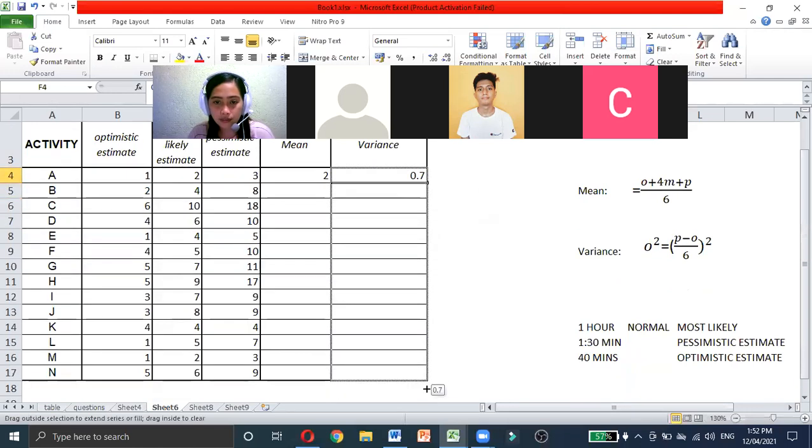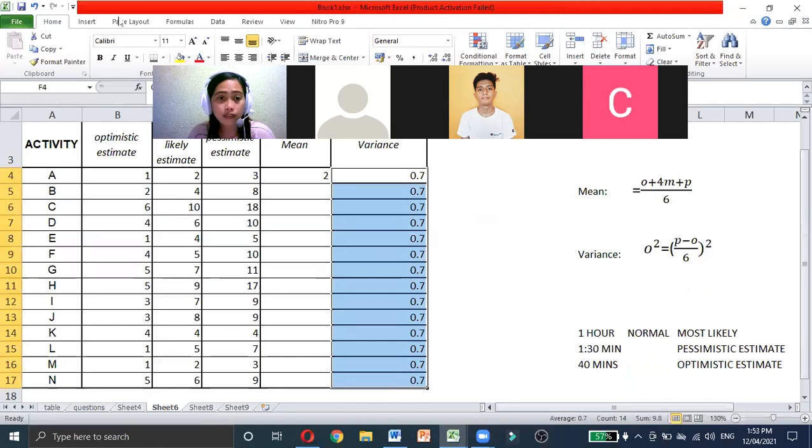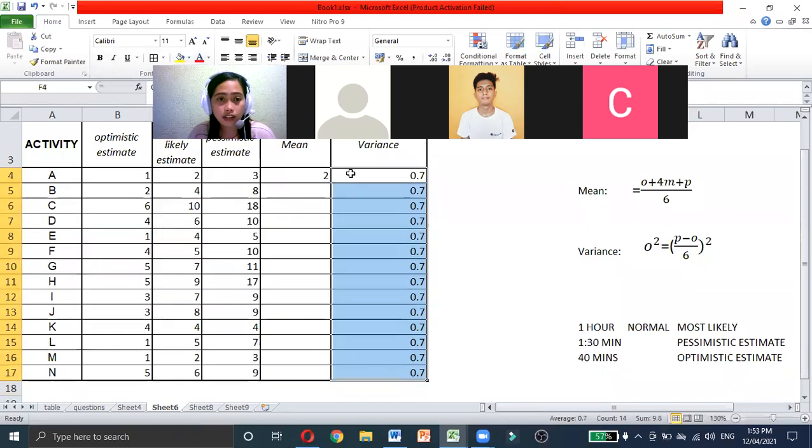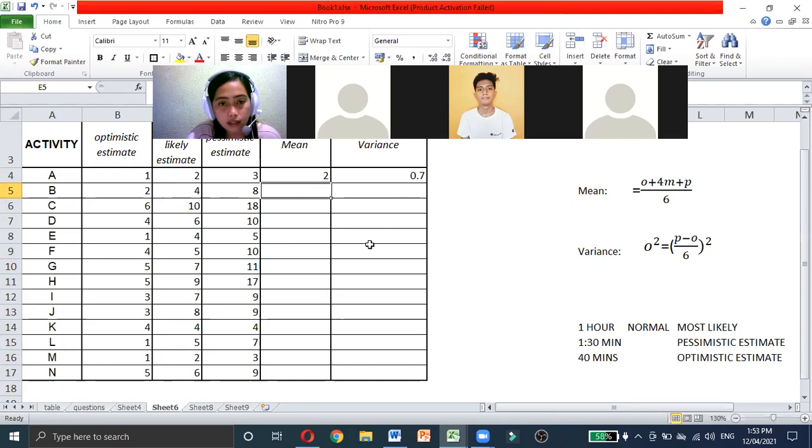How about B? What is the mean and the variance? The mean is 4.33.